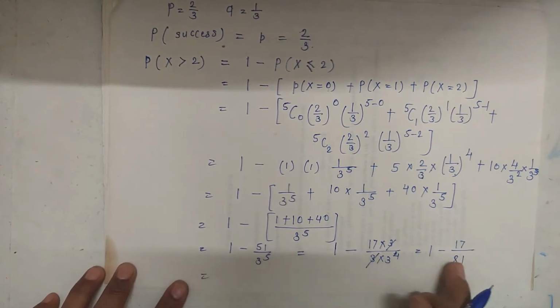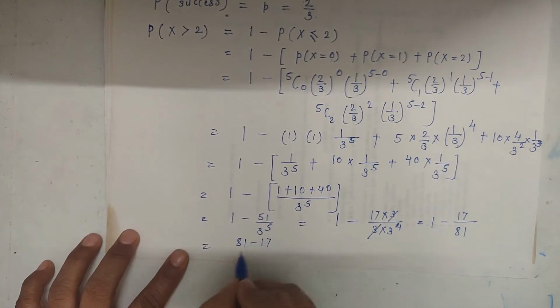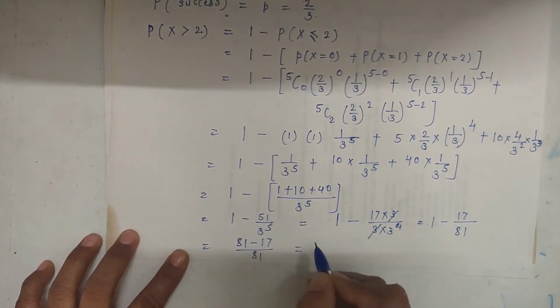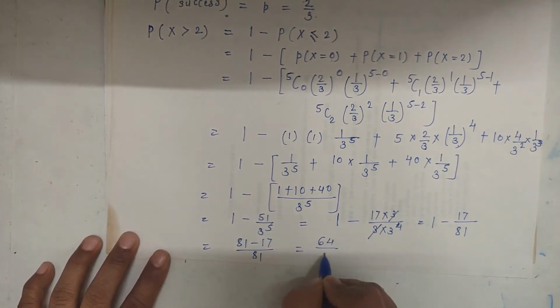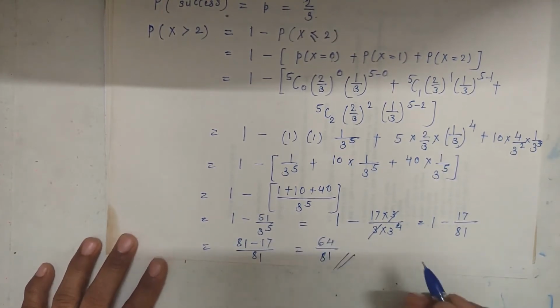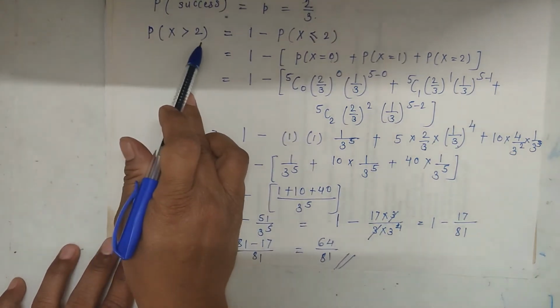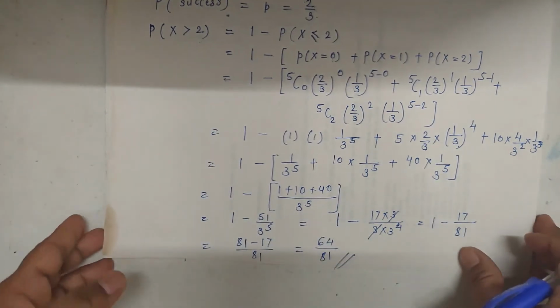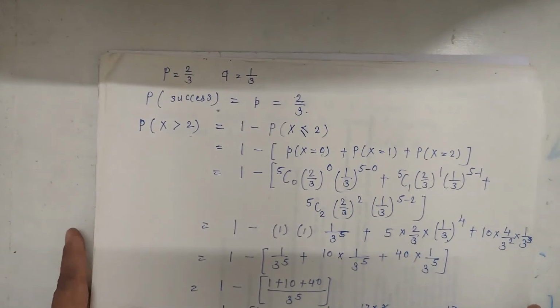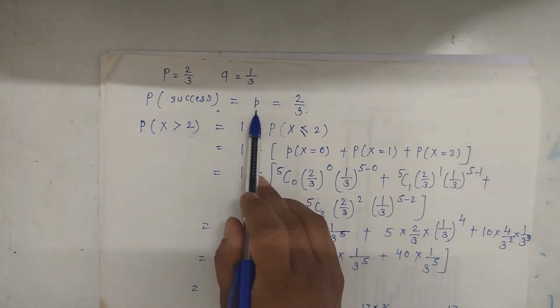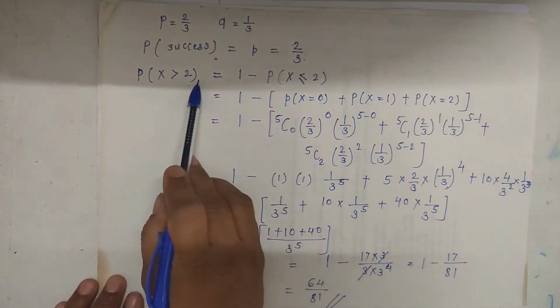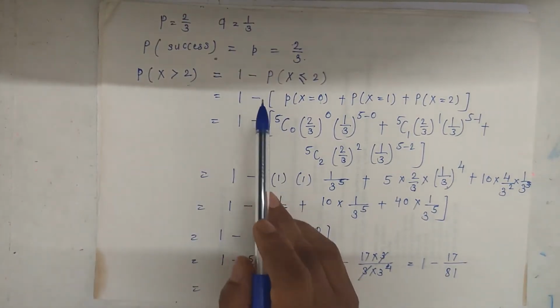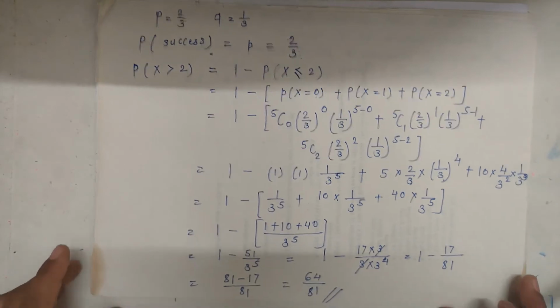Now taking cross multiplication, 81 minus 17 upon 81 is equal to 64 upon 81, and this is the answer for the probability of x greater than 2. Here we get the probability of success p is equal to 2 by 3 and the probability for x greater than 2 is equal to 64 by 81.